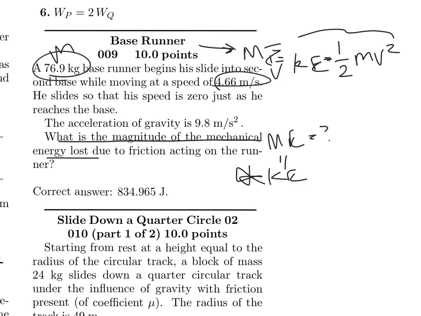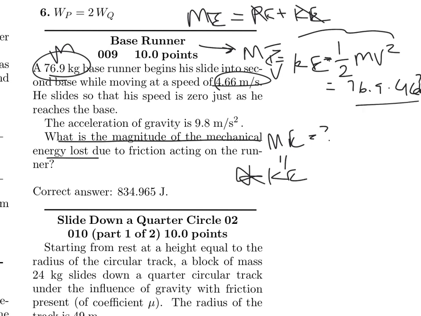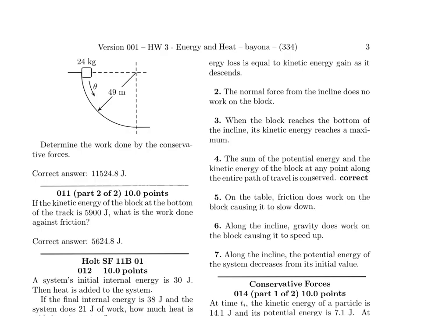If you look at your conservation of energy or mechanical energy equation, it's PE plus KE. And just make a note to yourself that sometimes this might be gone, or the KE might be gone. Anyways, we're going to plug in our m, which is 76.9, our v, which is 4.66 squared, and then you just put that over 2, that's 1/2, and that'll get you your answer.